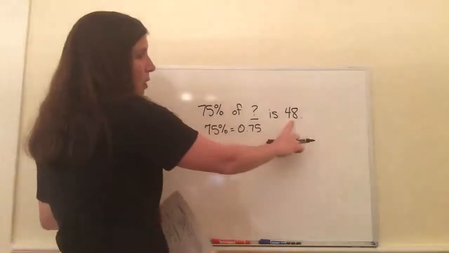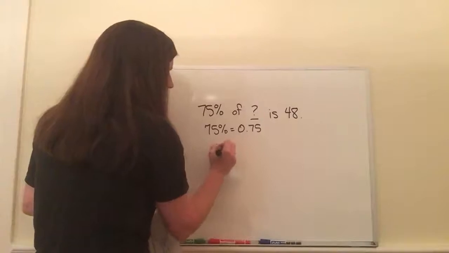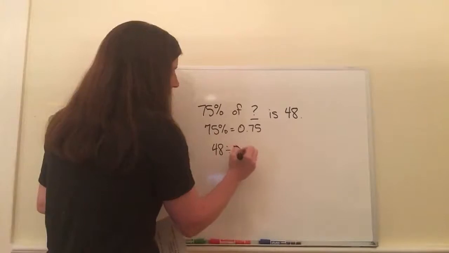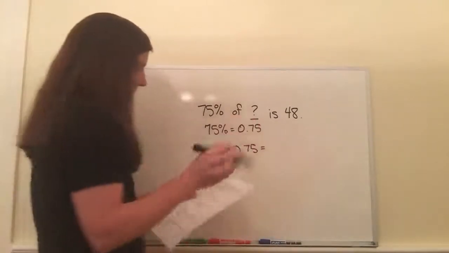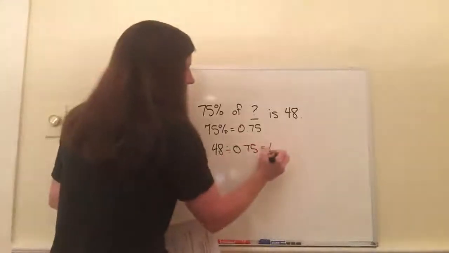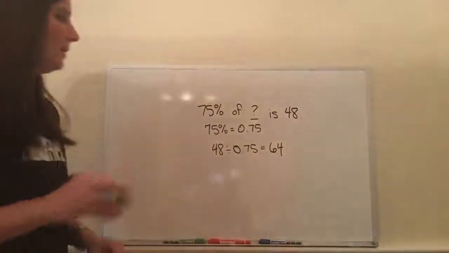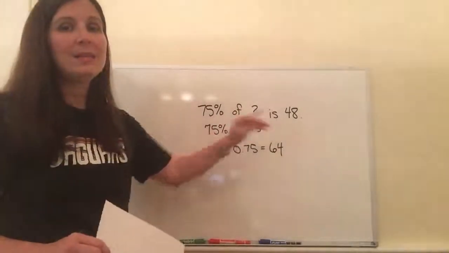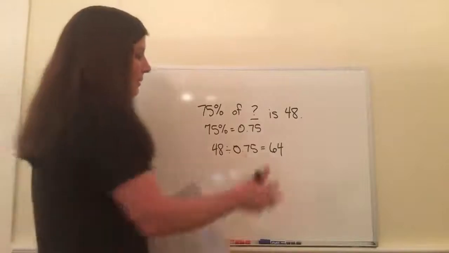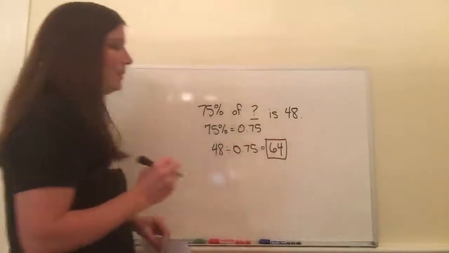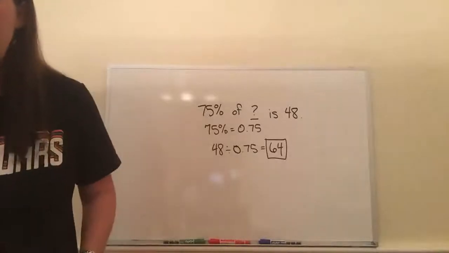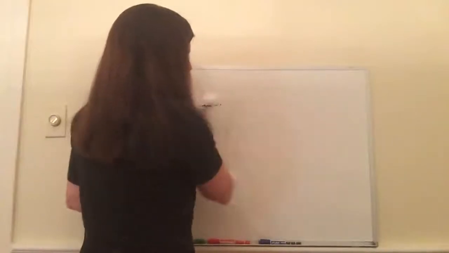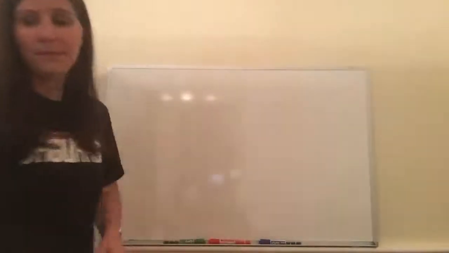Since we know the whole, this is 48 divided by 0.75, and that equals 64. So 75% of 64 is 48. So my missing number is 64.